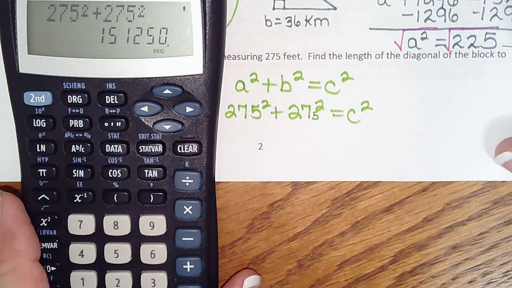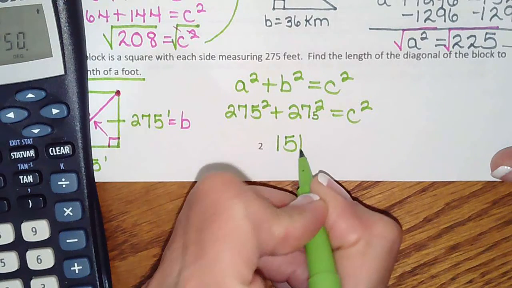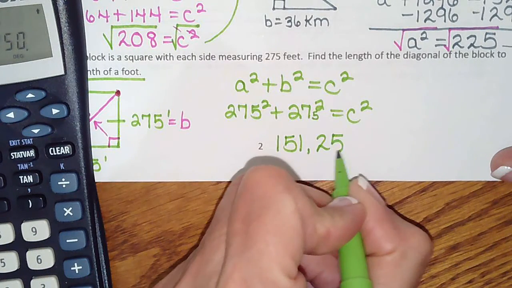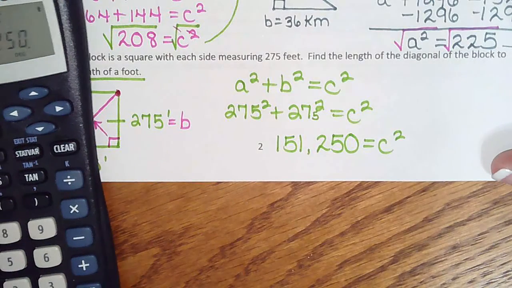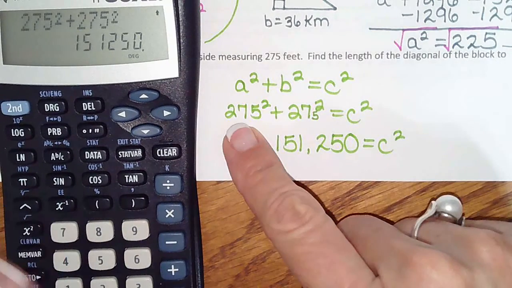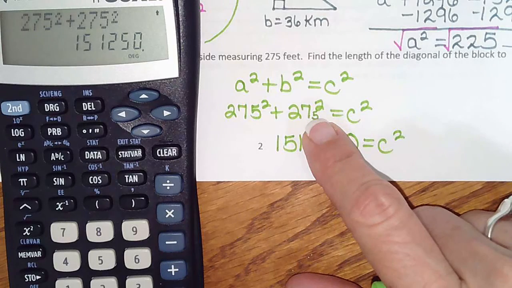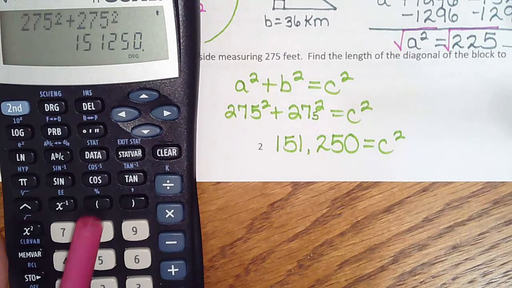So 151,250. Isn't that cool? So the calculator's all programmed with order of operations. So you can type a whole line in and it does it all. So it knows to square this and then to square this and then to add the two answers together at the end. Cool, huh?